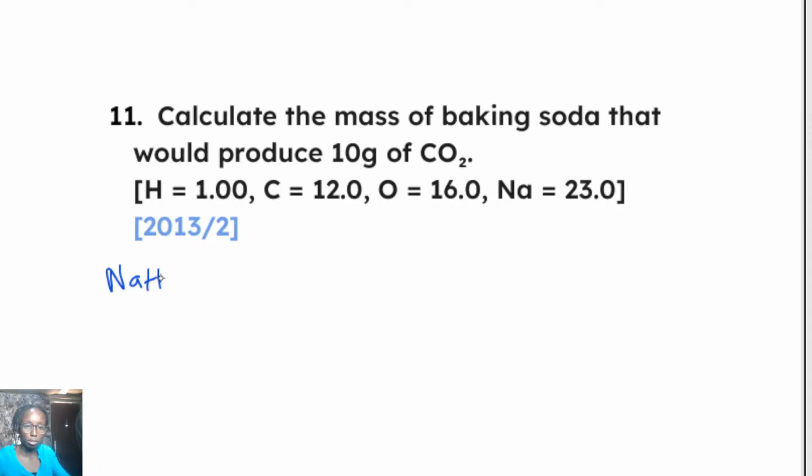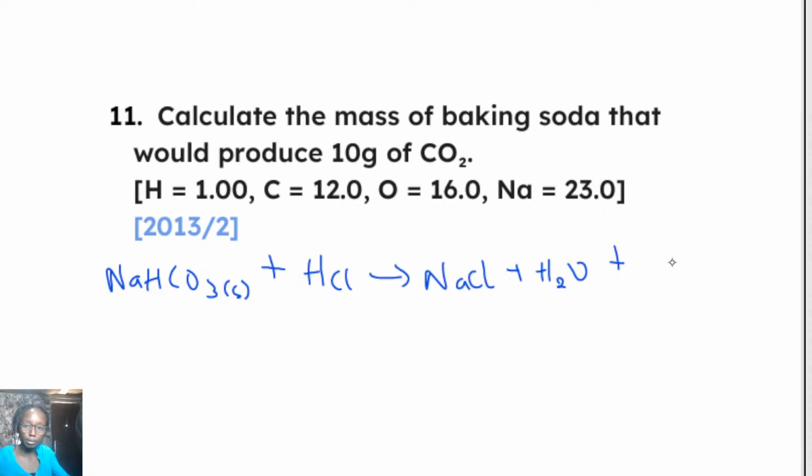So we have baking soda, that's solid, reacting with hydrochloric acid to give us sodium chloride plus water plus carbon dioxide. If you look, the baking soda and the hydrochloric acid are in a one-to-one ratio.